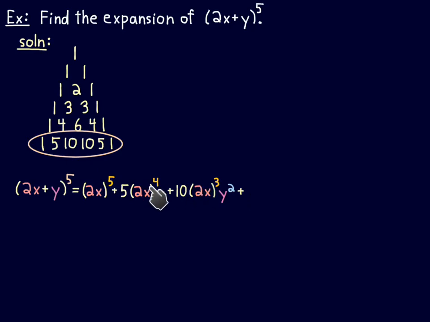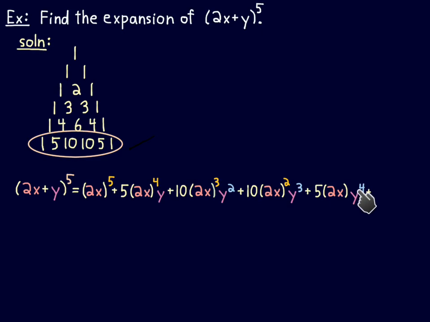The next one will be another 10, like this. This will be squared, and this will be cubed. See? Not that bad, right? Once you get the pattern down. The 5 came from here. And then this is squared, so the next one is the single power. This is cubed, so the next one is the 4th power.